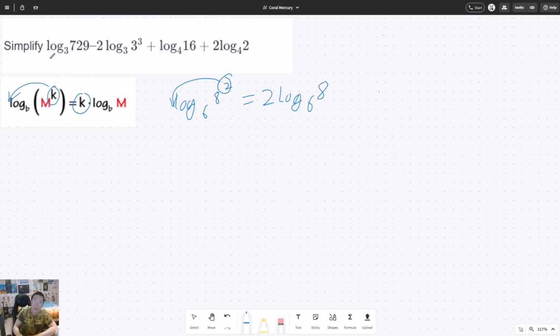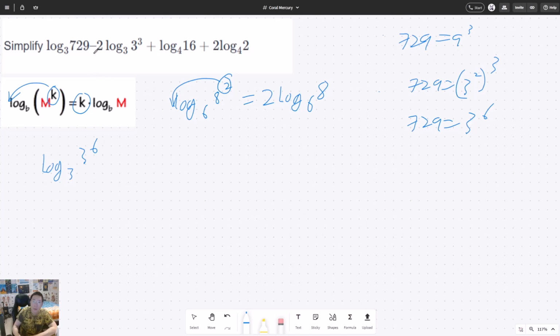So log base 3 of 729. 729 is 9 cubed, or 3 squared times cubed, so 729 will be 3 to the power of 6. So we have log base 3 of 3 to the power of 6.